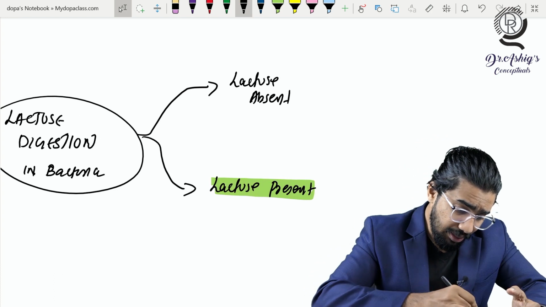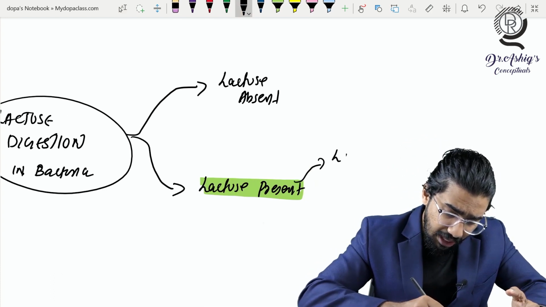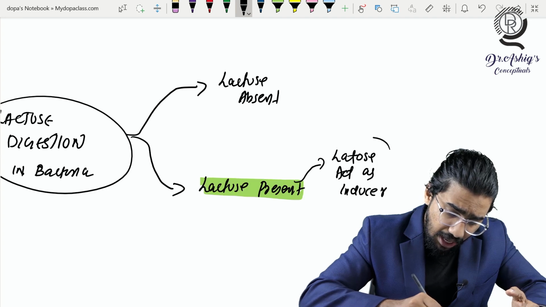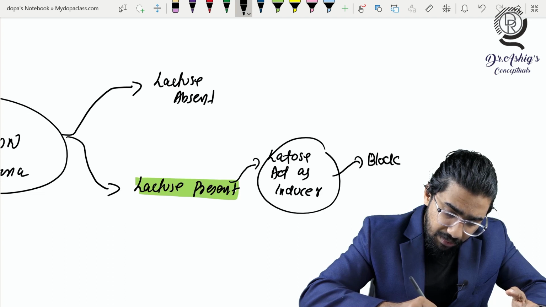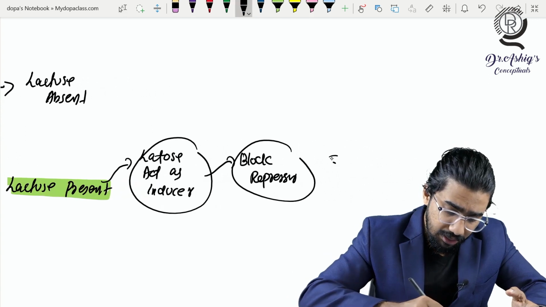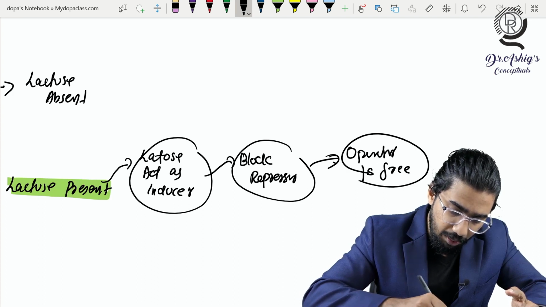So when lactose is present, the lactose acts as an inducer, and this inducer will block the repressor. If the repressor is blocked, the operator region will be free. I hope you understand this.